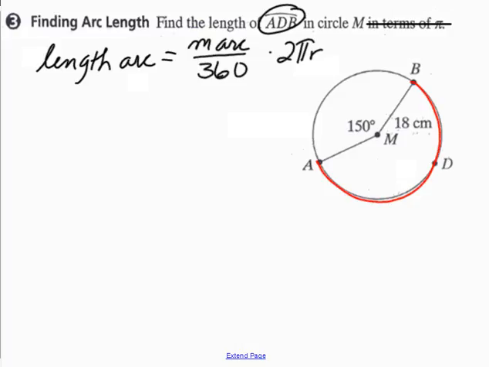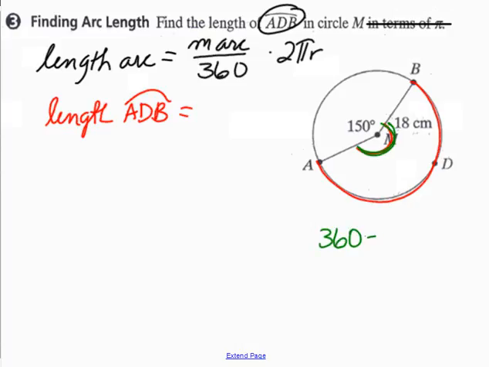So the length of ADB equals, okay, I need the measure of that arc. Well, I don't have the measure of that arc, but I can figure it out. The measure of the arc is going to be 360 minus this piece right here.